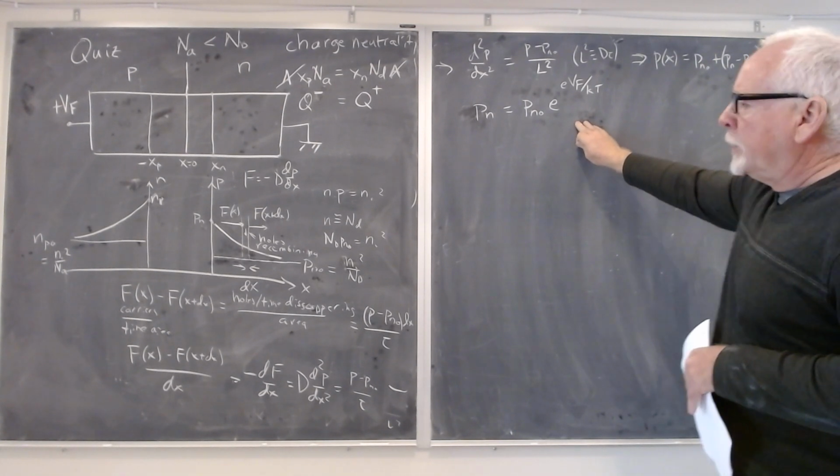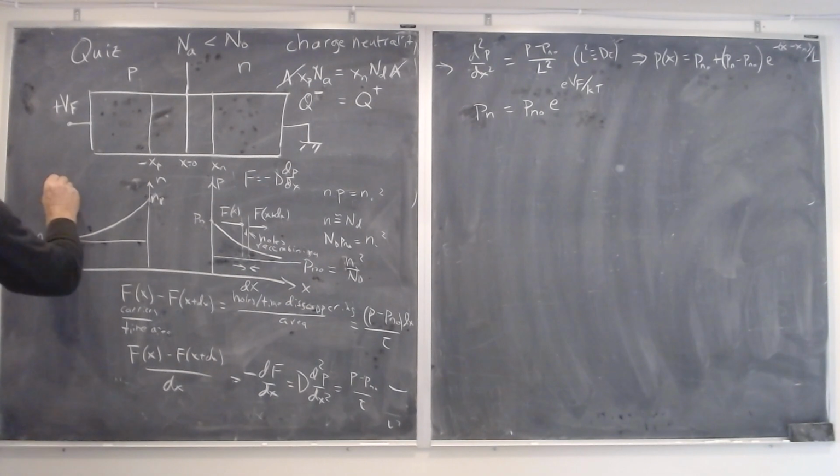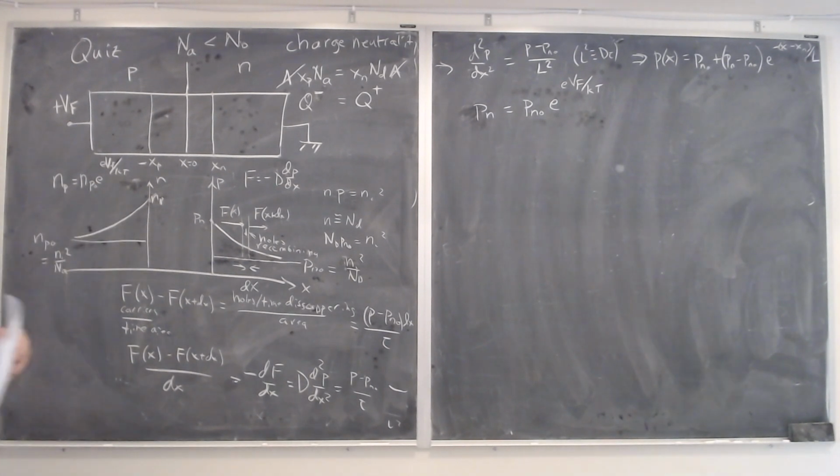Looking at this for a little bit, same thing over here: Np is equal to Np0 e to the eVF over kT. So they both go as e to the eVF over kT, which makes sense.